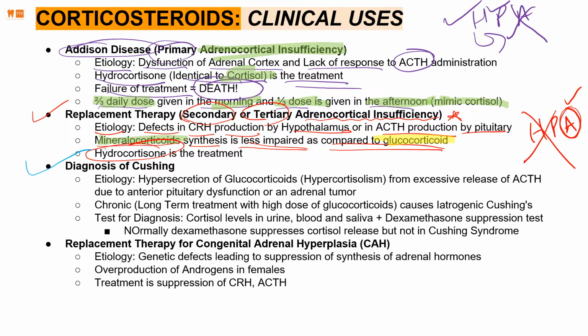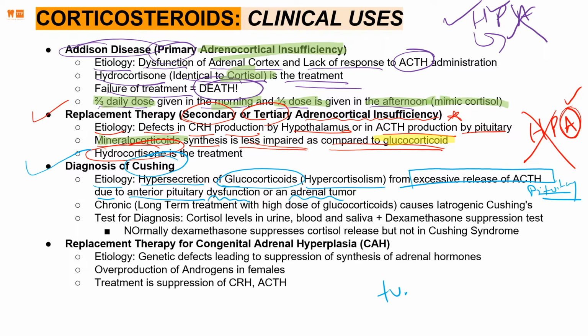Diagnosis of Cushing syndrome. What's the cause? Hypersecretion of glucocorticoids. Hypercorticolism from excessive release of ACTH from the pituitary due to anterior pituitary dysfunction, or an adrenal tumor. Okay, what does that mean?